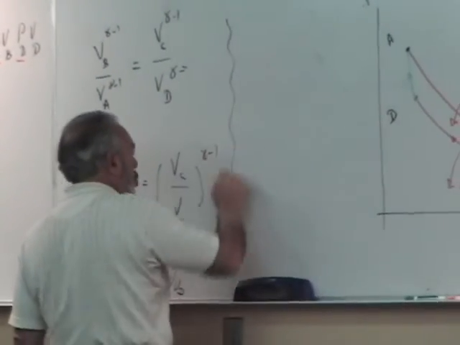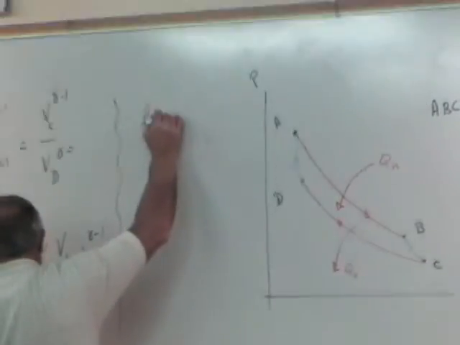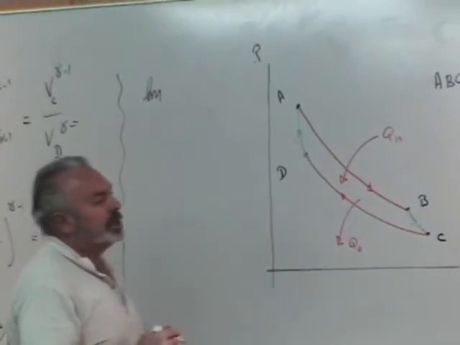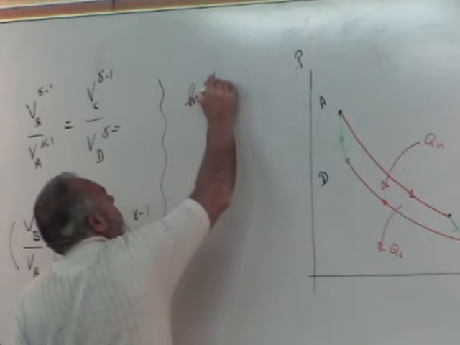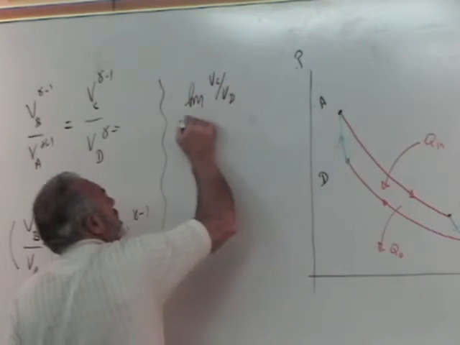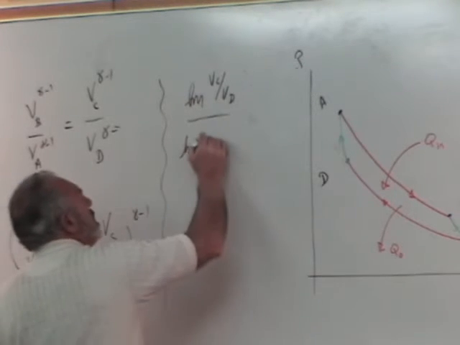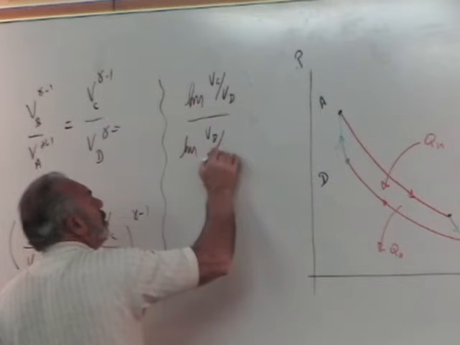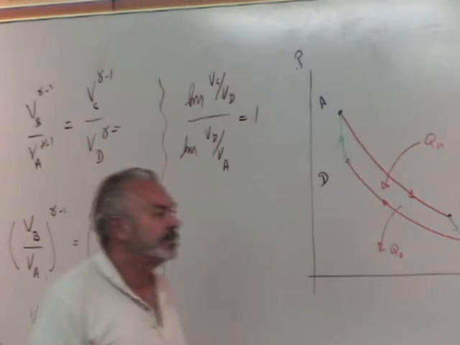And if that's true, then ln of V_C over V_D divided by the ln of V_B over V_A must equal 1.